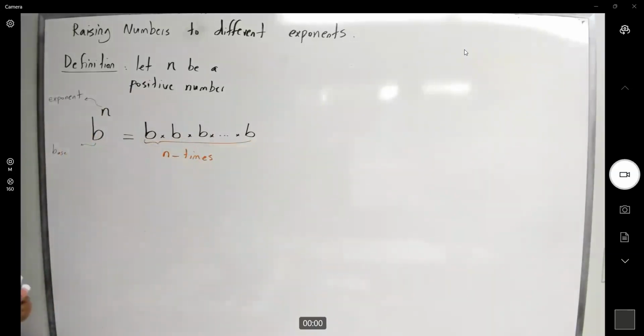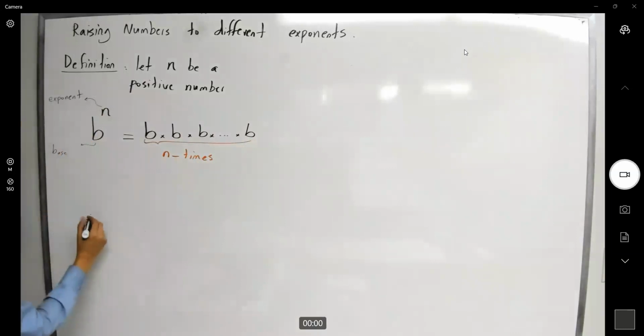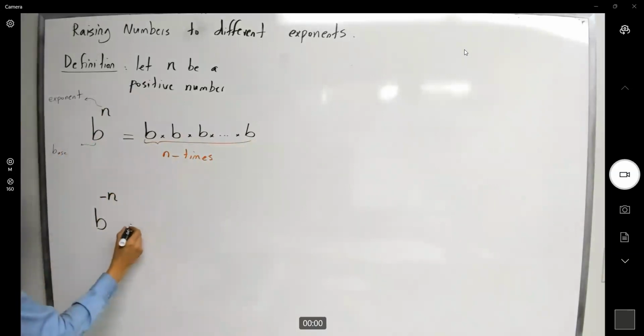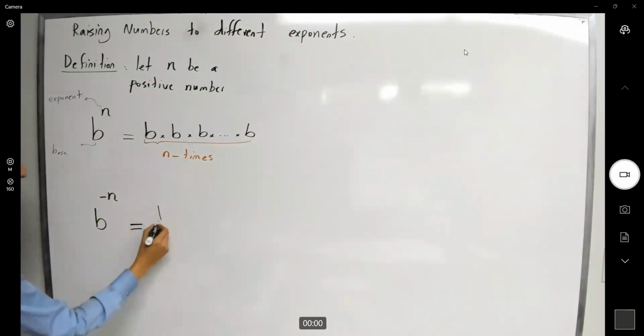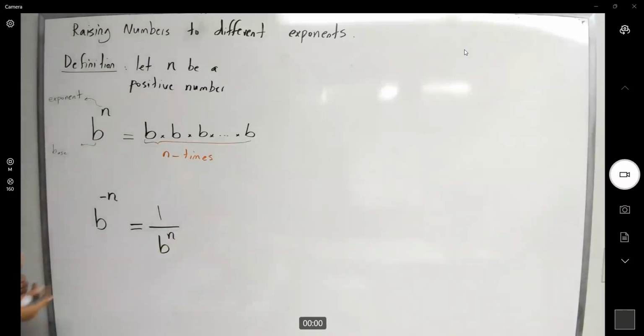Now, you're going to work with another case if you raise b to a negative exponent. If b as the base is raised to a negative exponent, you're going to flip this. You're going to write this as 1 divided by b to power n.